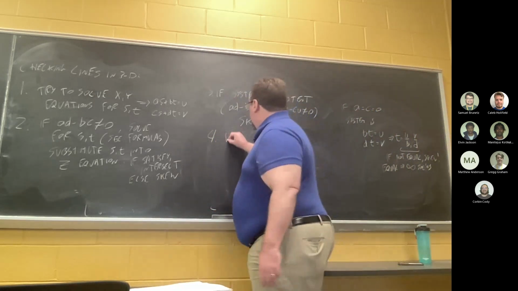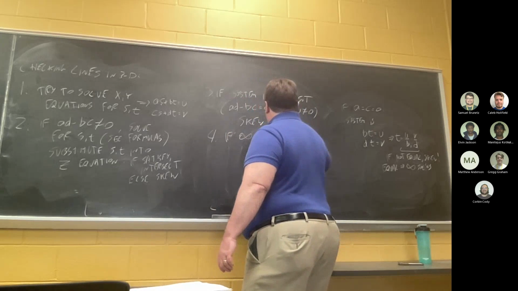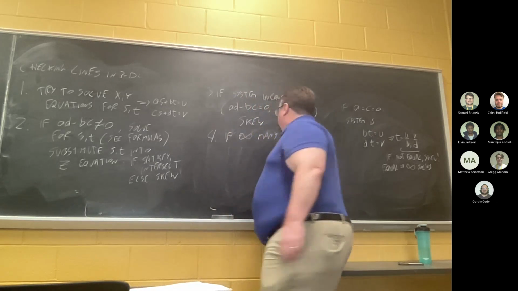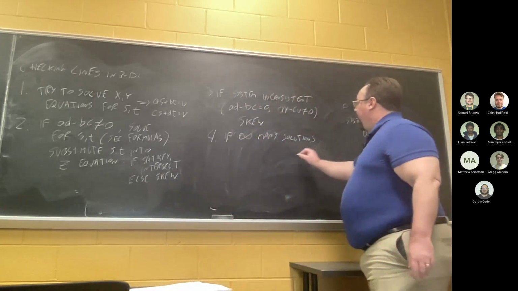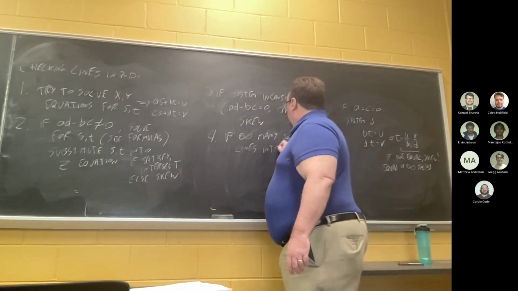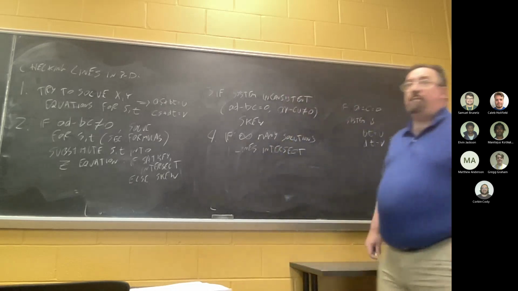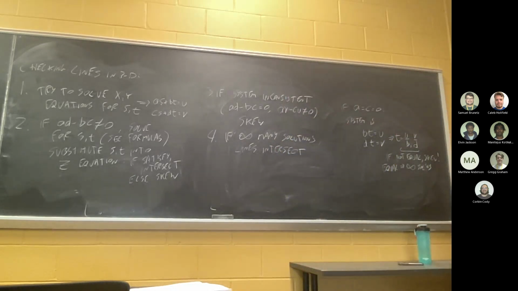Last possibility. If you conclude that the first two equations have infinitely many solutions, you've already ruled out the lines being parallel. The only possibility left is that the lines are guaranteed to intersect. But at this point, you still don't know where.